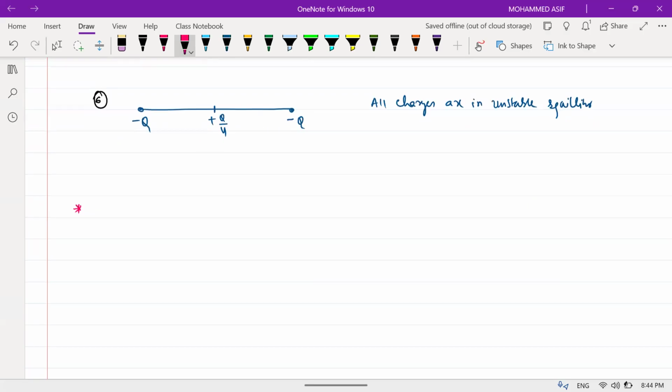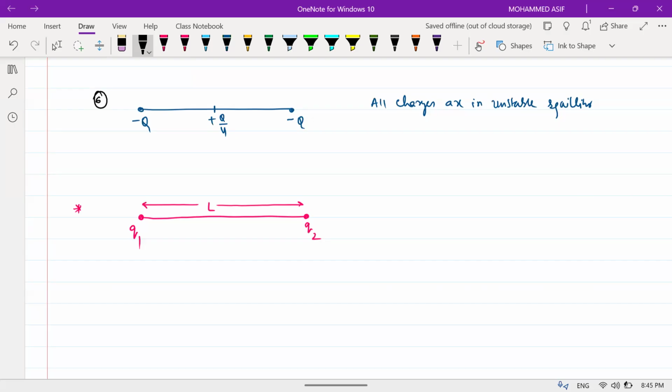See here. This one is Q1, this one is Q2. The distance between them is L. Somewhere in between them, there is a neutral point. Q1 and Q2 are of the same sign. Then where should the third charge be kept in between so that it will be in equilibrium?